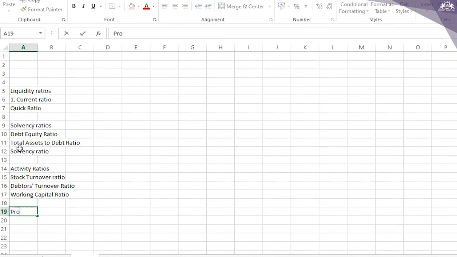For profitability ratios, we did gross profit ratio, we did operating ratio, and we did net profit ratio, and lastly we did return on investment.